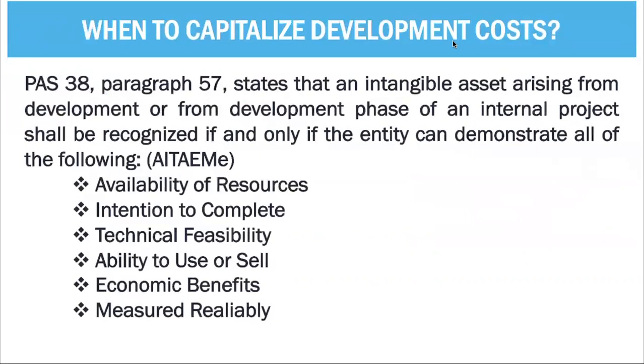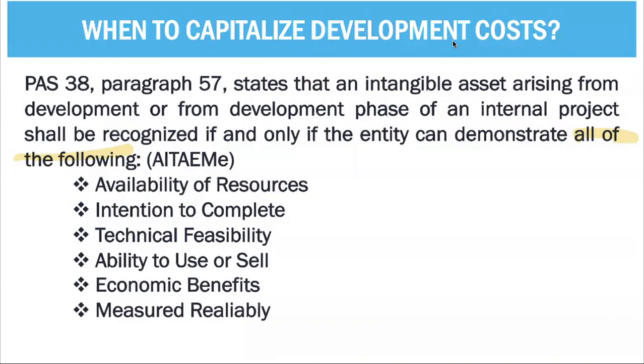We capitalize development costs if all of the following are present. Take note, not one, but all. Everything must be present. Our mnemonic here is ITIME. First, availability of resources. The resources needed to complete that particular intangible asset are present. Next, you must have an intention to complete or finish that development phase.